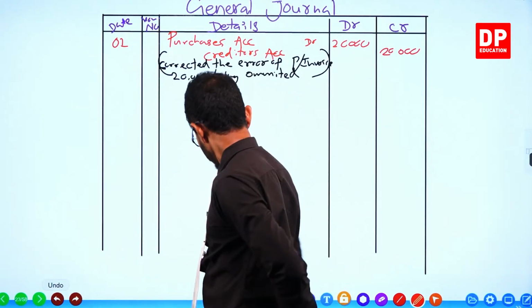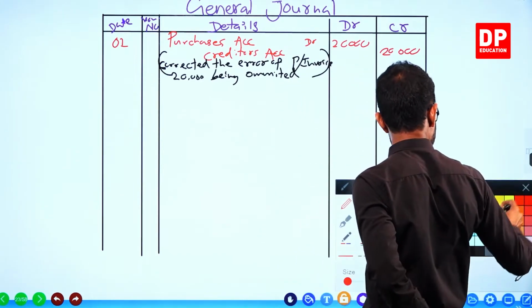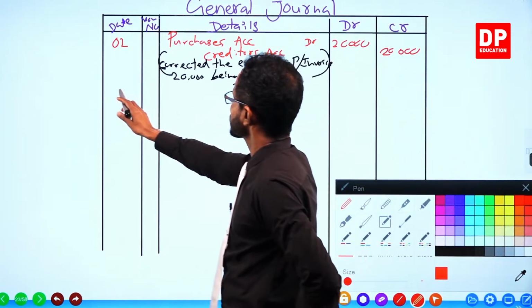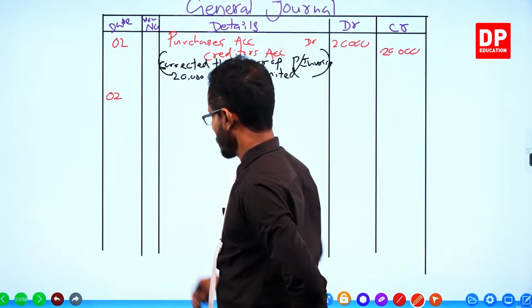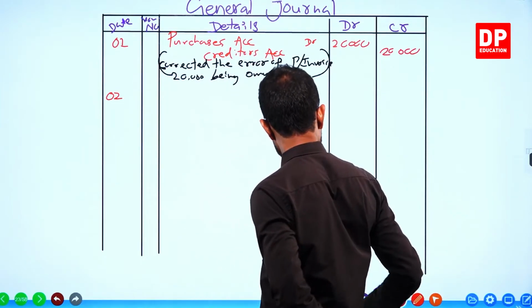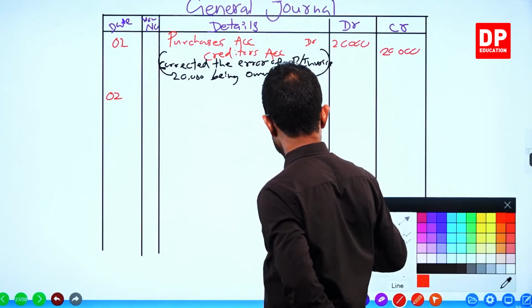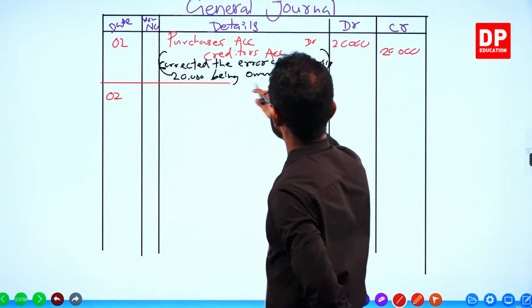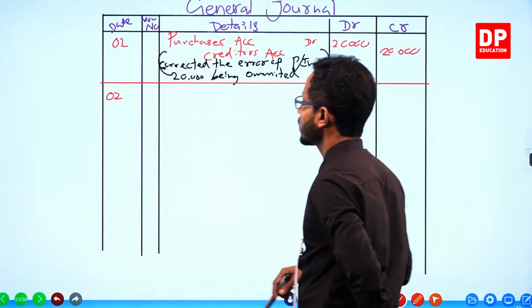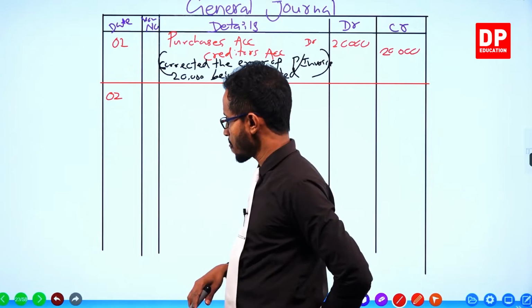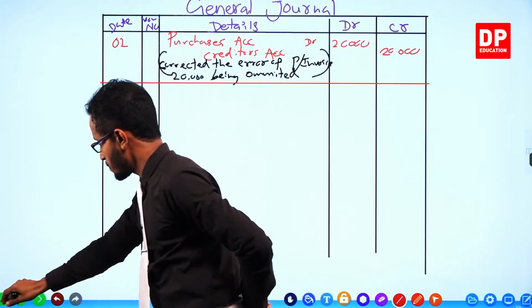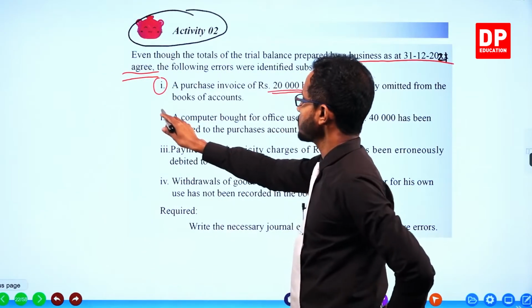Now, second error, we have to go and check. Let's put number 2 and divide with a line. Okay, that's easy and clear. Let's check the second error.